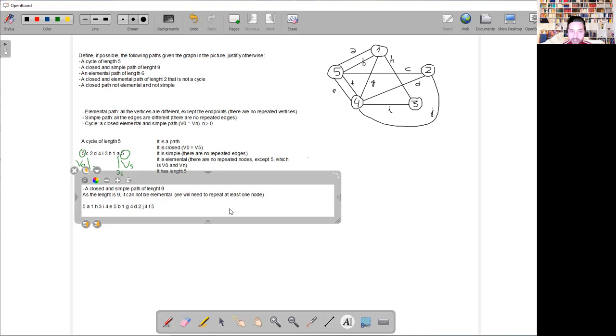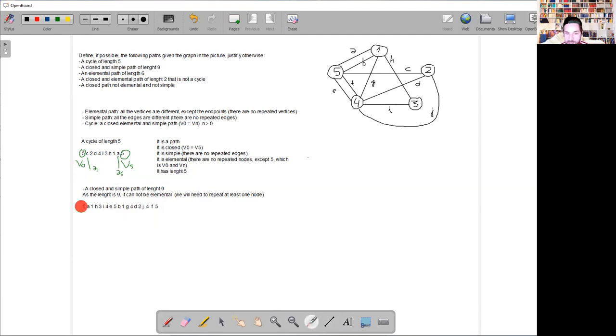We go to 5 again, and I think that we are done, right? It is closed, right? We finished in the same node that we started, and let's count the number of edges. We have 1, 2, 3, 4, 5, 6, 7, 8, 9 edges, right?